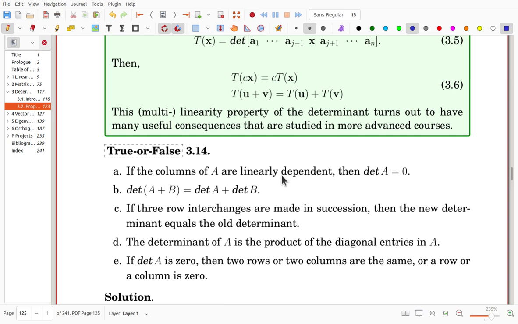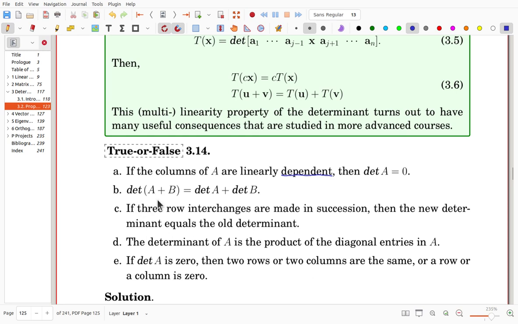Once the columns of A are linearly dependent, some column may not have a pivot position, which means that it's not invertible. If it is not invertible, then the determinant of A equals 0. Right? Okay, so it is true.